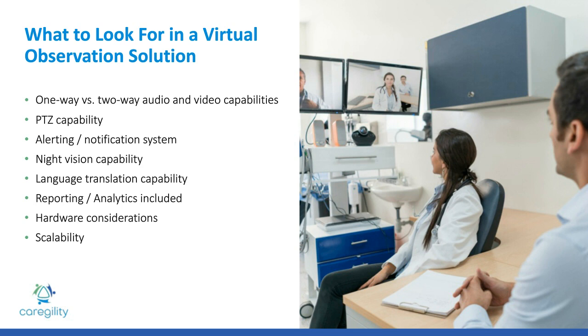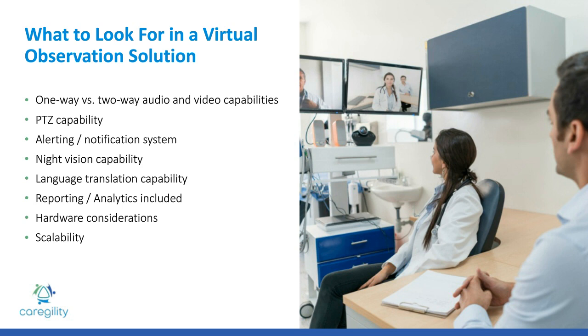Language translation capability. Some products have one-way language translation where the observer can use a canned directive to the patient. You can choose the language, Arabic or Spanish or Japanese or whatever, and click on a canned response to deliver that directive to the patient in whatever language they speak and understand, which is a nice capability.